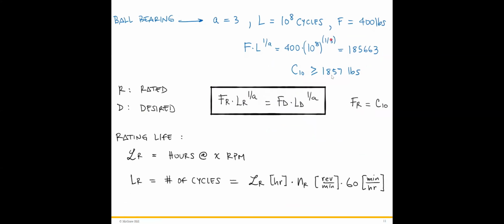So there's one example here. Suppose I have a ball bearing, therefore we know a equals 3. We desire this ball bearing to have a life of 10 to the 8 cycles, while subjected to 400 pounds for 10 to the 8 cycles.